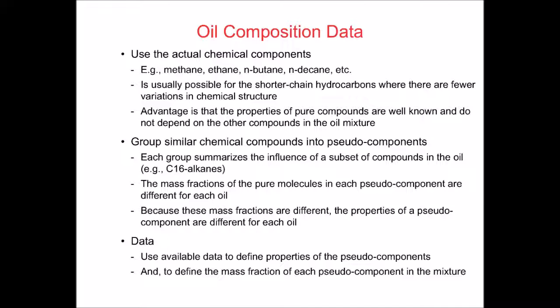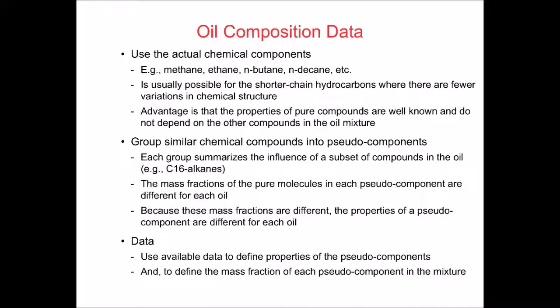So instead, what we do is we start to group similar molecules together into so-called pseudo-components, and a pseudo-component is just a component we put in the model that represents many different compounds in the oil. So one example would be a C16 alkane.